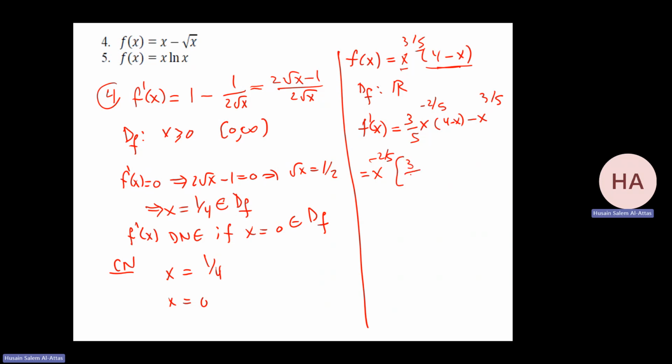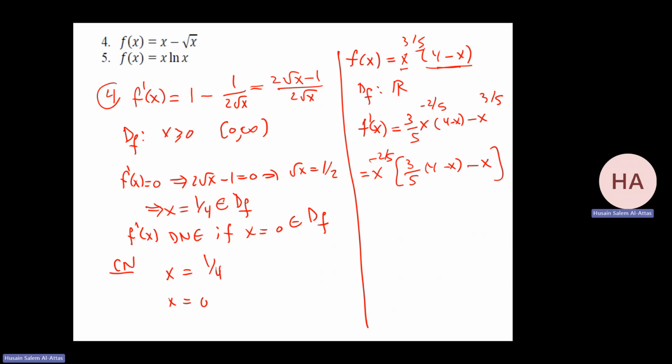What's remaining? 3/5 times 4 minus x, minus x. Check: multiply 3/5 x to the -2/5 times 4 minus x, and this x times 1 minus 2/5 is 3/5. And the derivative is correct.